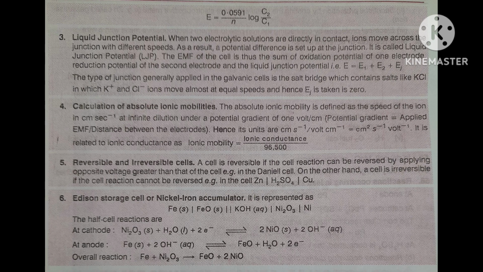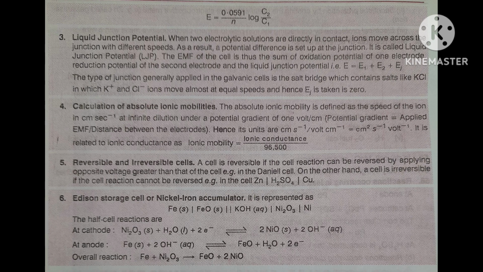Fe plus 2 OH minus, means here OH means KOH. Then now Fe will convert to FeO. O is coming from OH. Then if you balance it, FeO plus H2O plus 2 electrons, because Fe has lost 2 electrons.